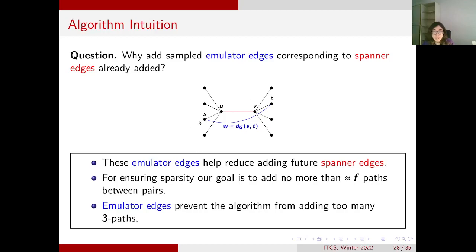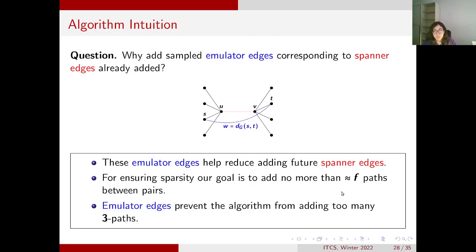This algorithm does something counterintuitive, because whenever we add spanner edges UV, we also add emulator edges in the same vicinity. But intuitively, this helps us because these additional emulator edges help us avoid adding more spanner edges later.